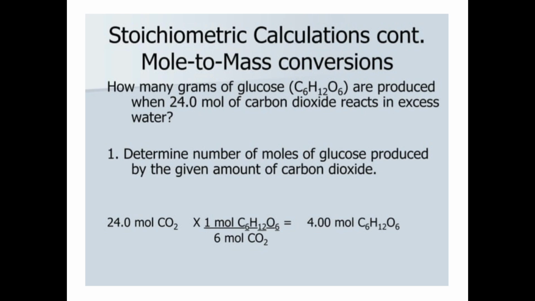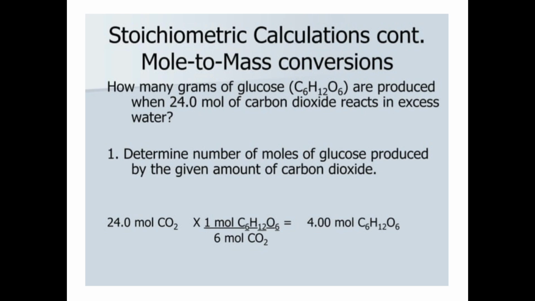If you write the equation out very well, you are going to have 6 CO2 gas plus 6 H2O liquid will produce C6H12O6, which is glucose. That's the balanced equation. That means 6 moles of CO2 reacting with 6 moles of water will give 1 mole of glucose.